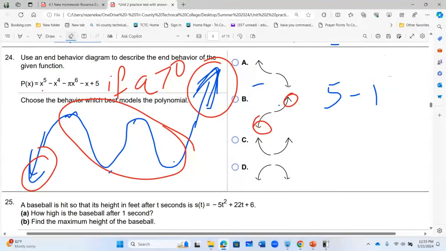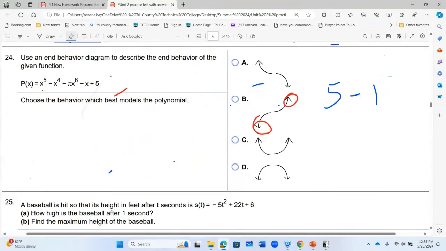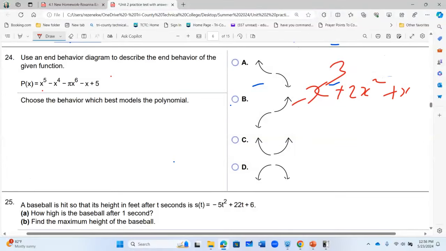But if the leading coefficient is negative, for example, if I have a third degree polynomial, suppose I have negative x to the power 3 plus 2x squared plus x minus 1 is equal to 0.